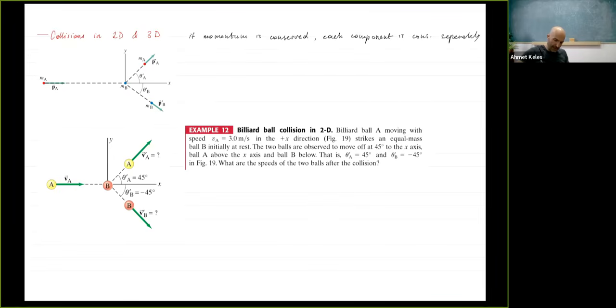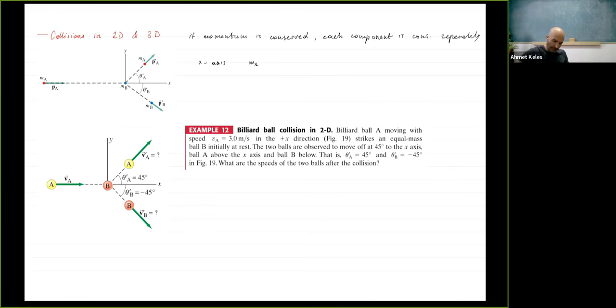So what this means is, suppose you have a collision like this, MA comes in, there's a target which is stationary at first, and this guy bumps into this guy and they go their own ways. And there is no breaking up. So MA is MA, MB is MB after the collision. So along the X axis, I need to specify now velocities in terms of their components.